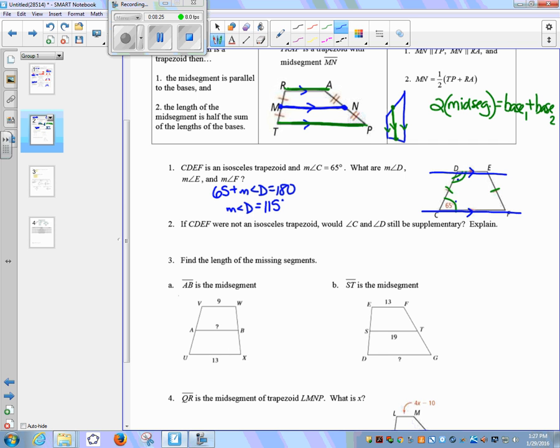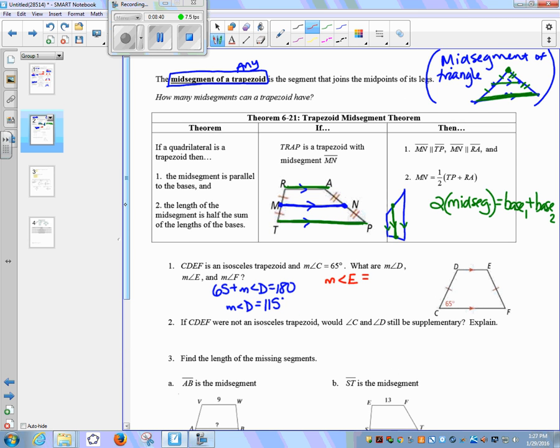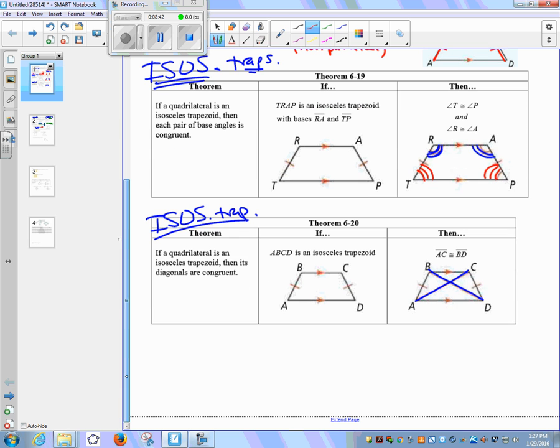All right, but then it asks us for the measure of angle E and F. Measure of angle E, well, we said that in an isosceles trapezoid, based on this theorem, the pairs of base angles are congruent.